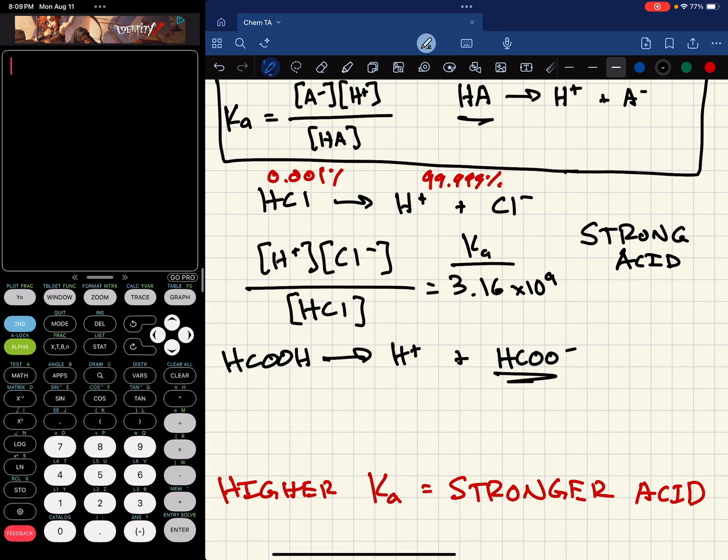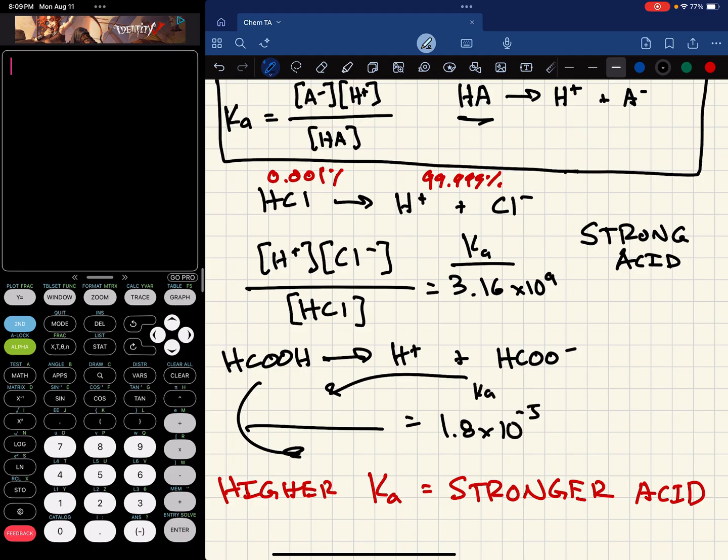Okay, so here's the conjugate base and here's the ions. This one is a weaker acid because of its Ka value, where we put the reactants on the bottom and the products on top of our expression. The Ka value for this is 1.8 times 10 to the negative 5. Okay, so this is its Ka value.